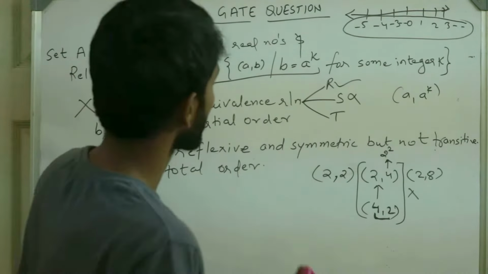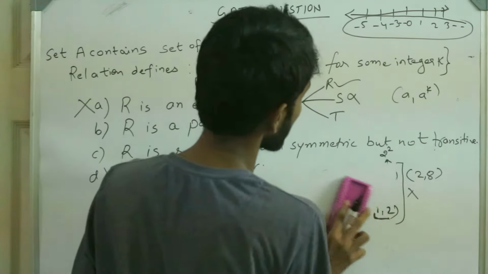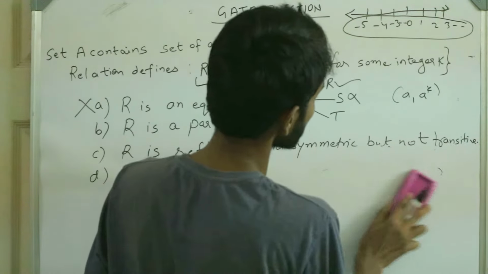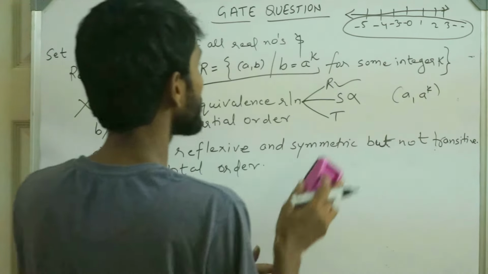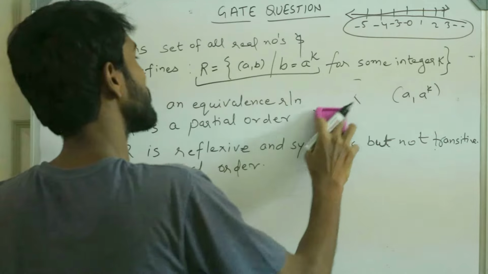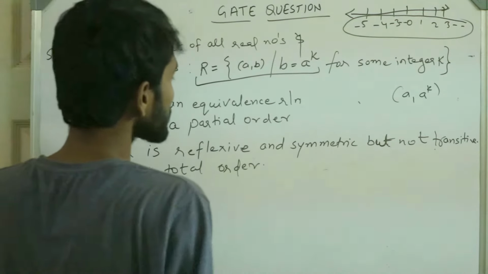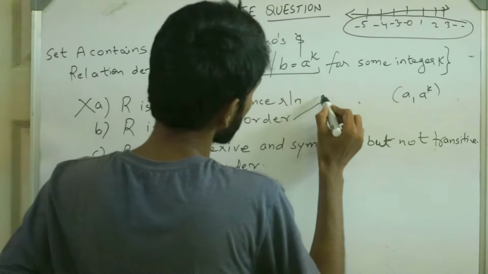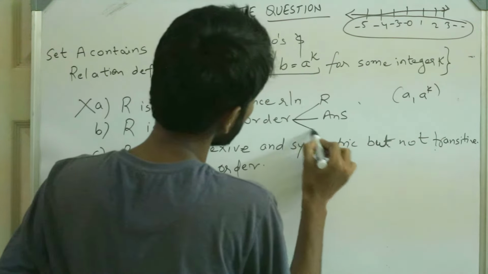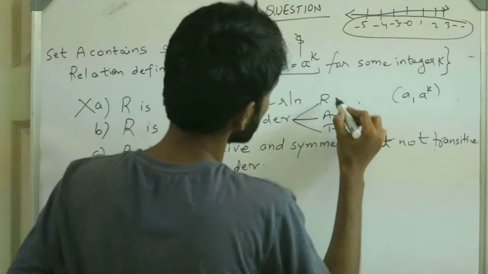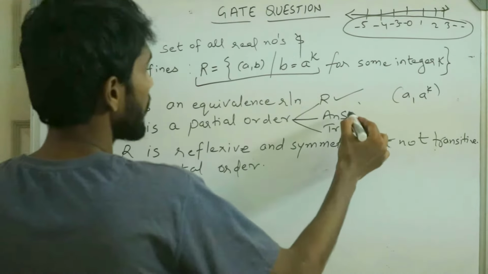Now check what a partial order is. A partial order defines a relation that should be reflexive, anti-symmetric and transitive. We already saw that it is reflexive. And what is anti-symmetric?